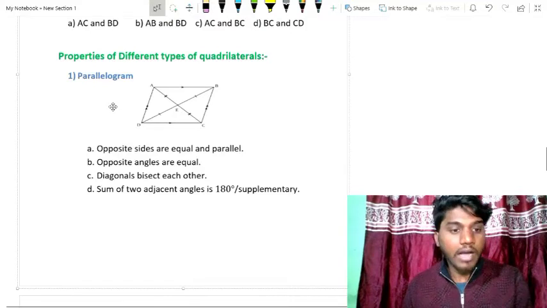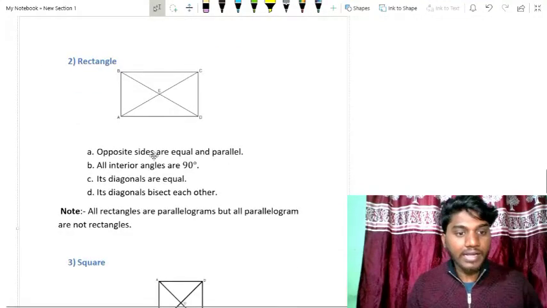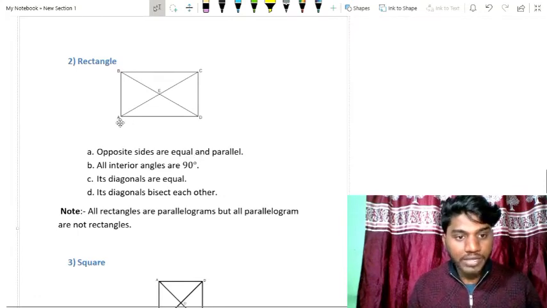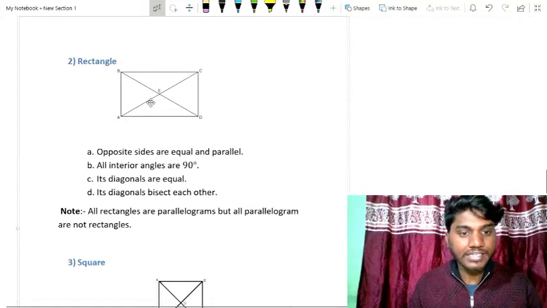Now come to rectangle. Opposite sides are equal and parallel. AD and BC are opposite sides, and they will be equal and parallel. AB and CD are also equal and parallel.